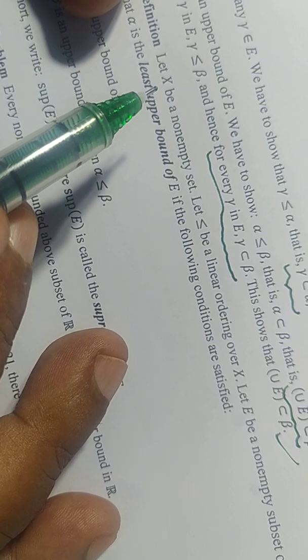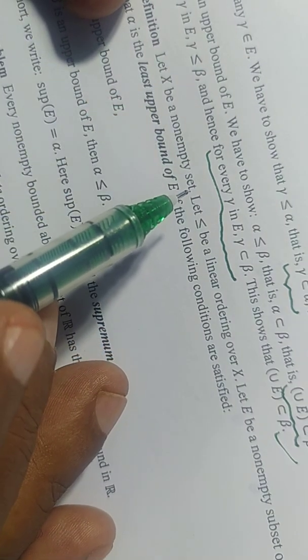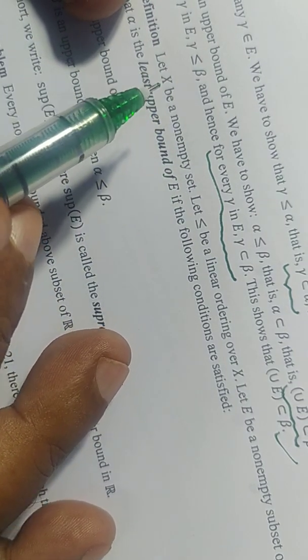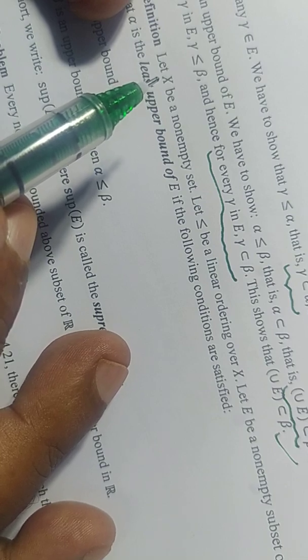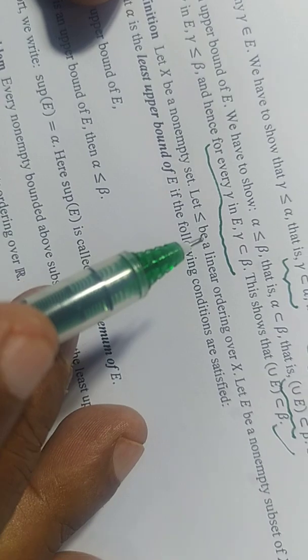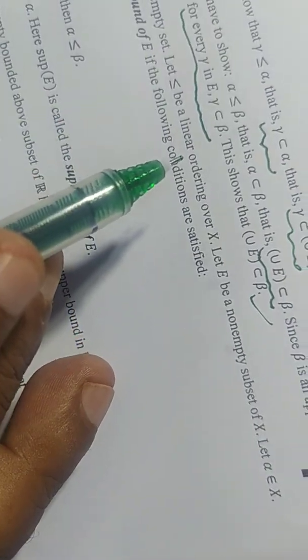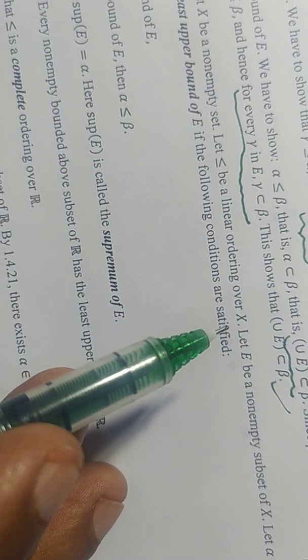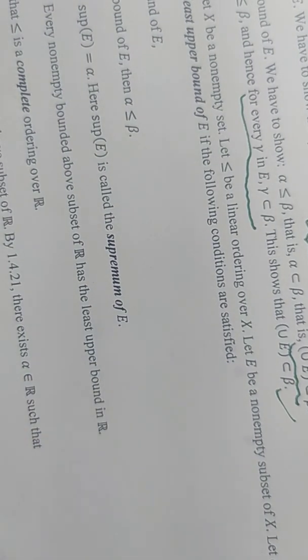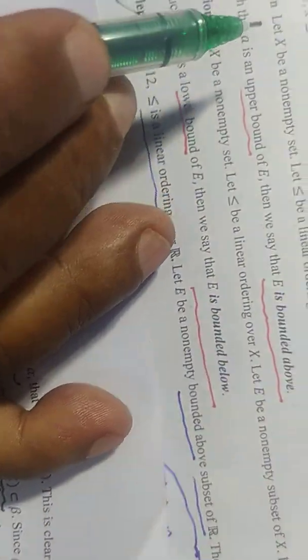Definition. Suppose X is any non-empty set. This has nothing to do with the cut. This can be any set. Suppose less than or equal to is a linear ordering over X. These statements are similar to this one.